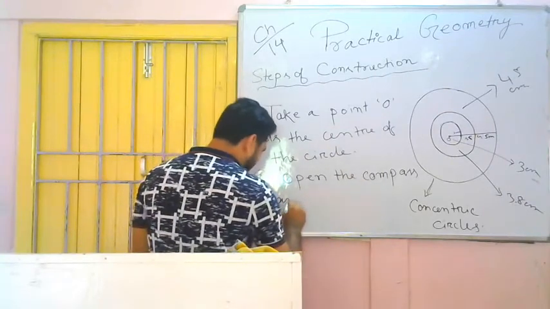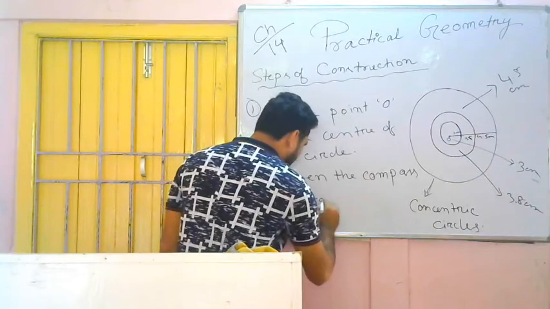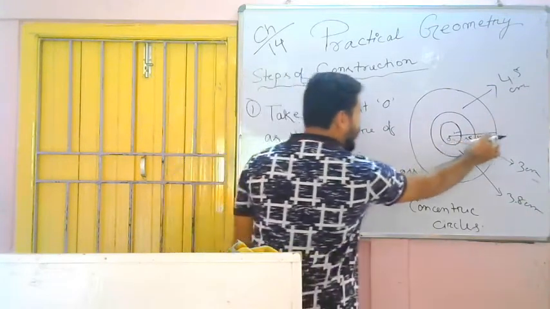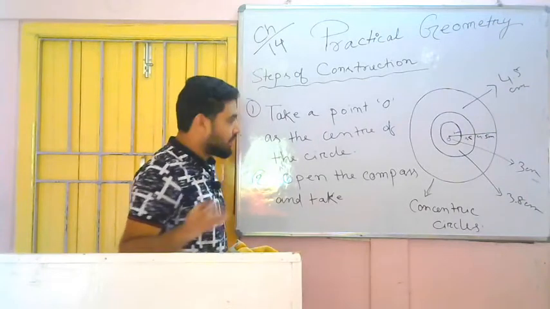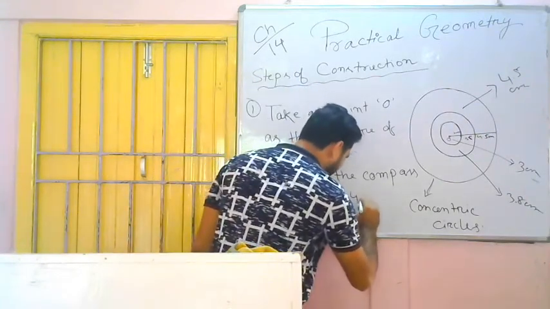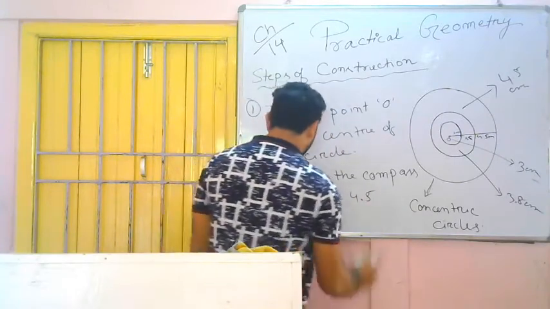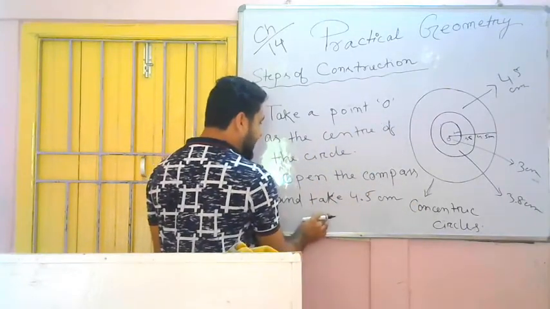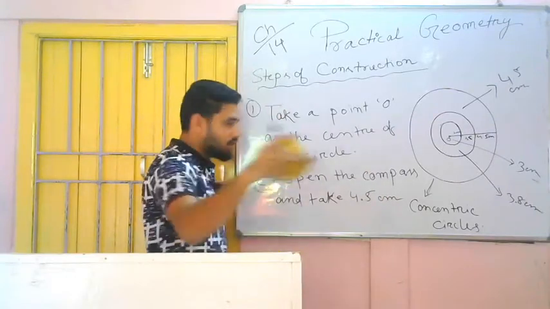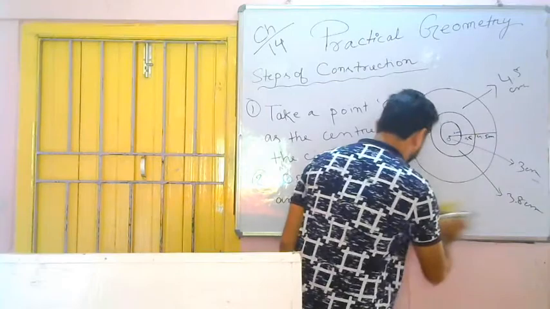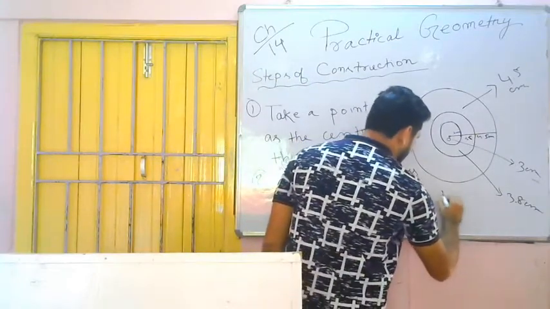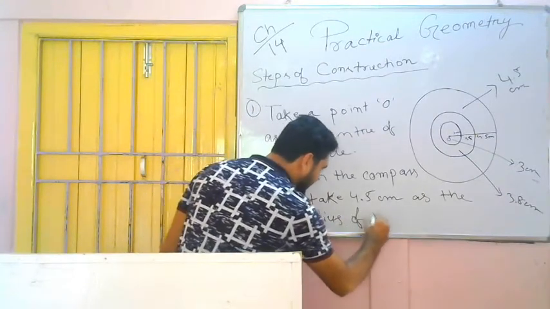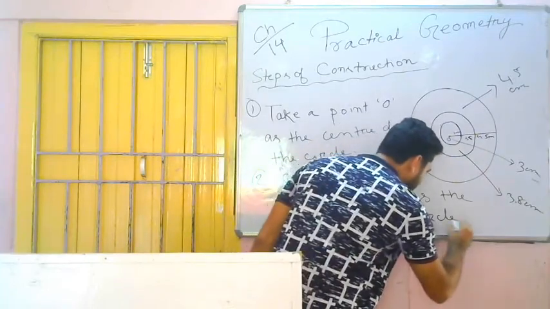Open the compass and take 4.5 centimeter as the radius of the circle.